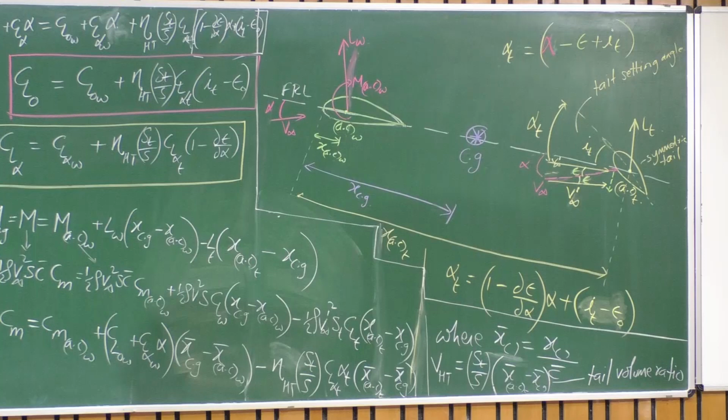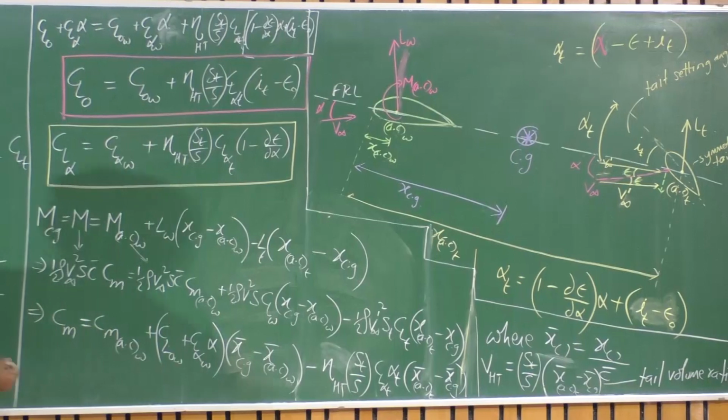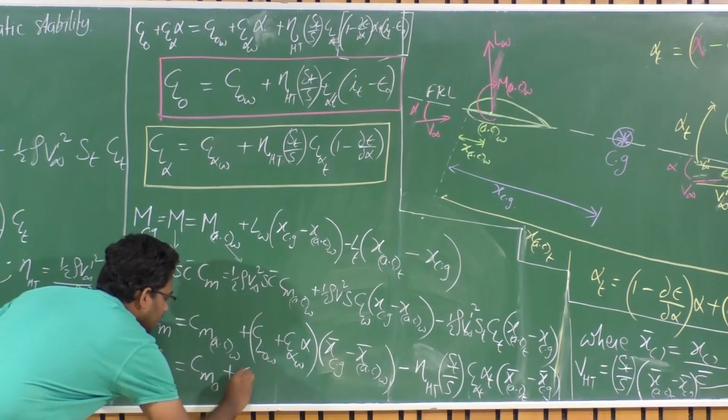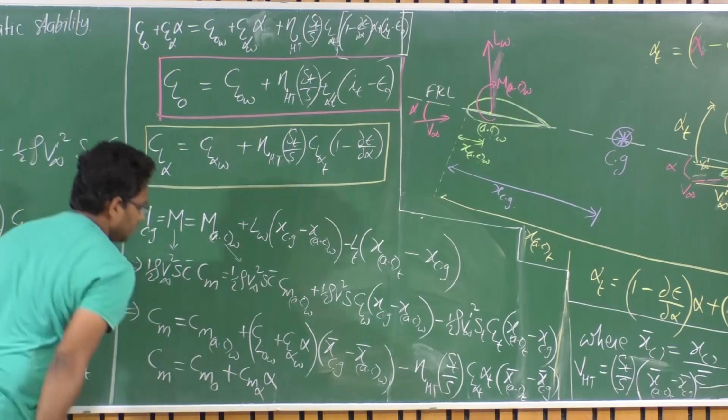Okay. So now, comparing the constants and coefficients of alpha. This Cm of the entire aircraft in the linear regime can be expressed as Cm naught plus Cm alpha into alpha.